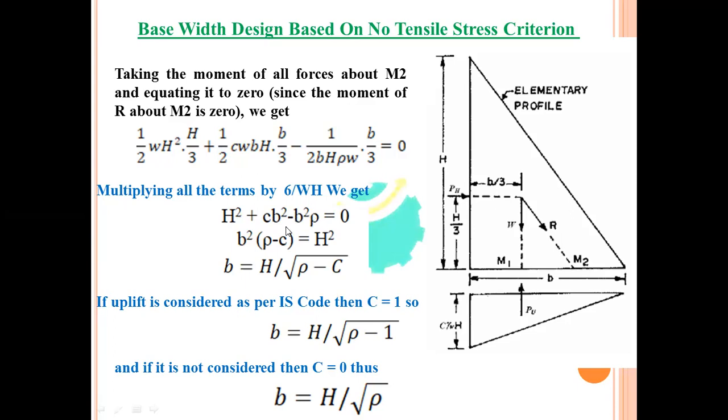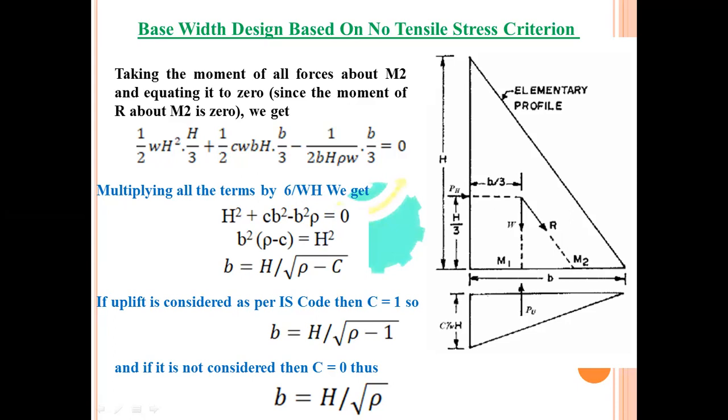In this, we are taking B square common. What is remaining? Rho minus C equals H square. When B square is taken common, C minus rho is left; when this is sent to the 0 side, the minus cancels. So B square into rho minus C equals H square.